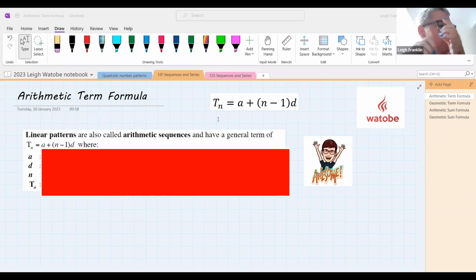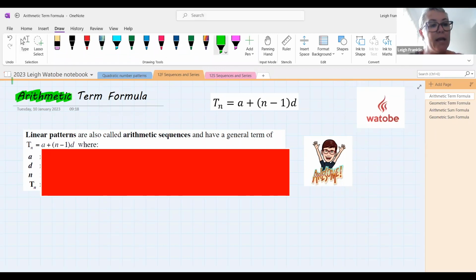For some reason, we stopped calling it a linear sequence or a linear number pattern, and in matric, we call it an arithmetic number pattern. So the word arithmetic is just another fancy way of saying that our pattern is linear.